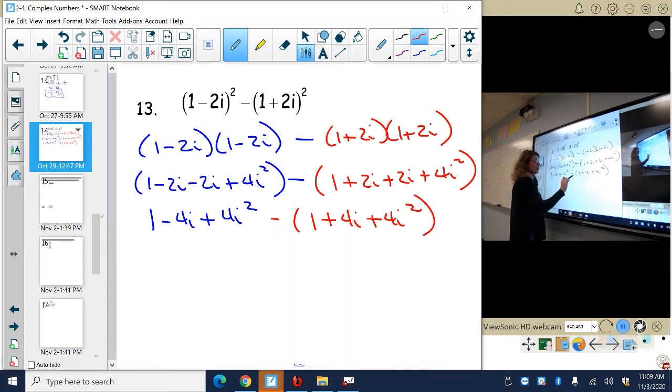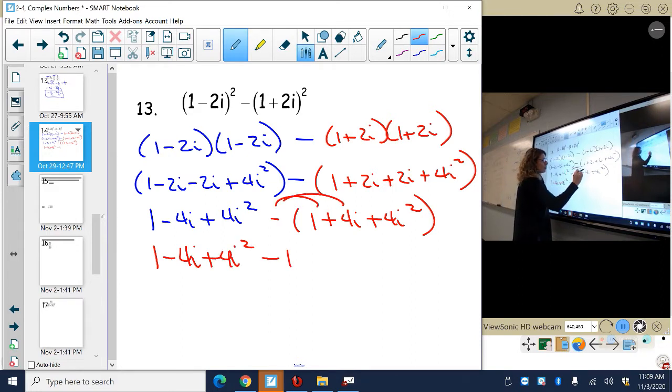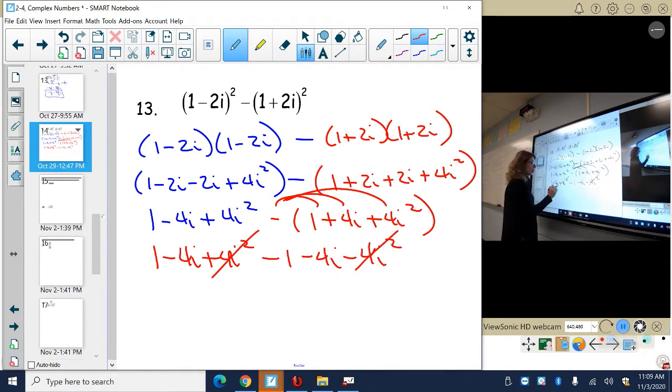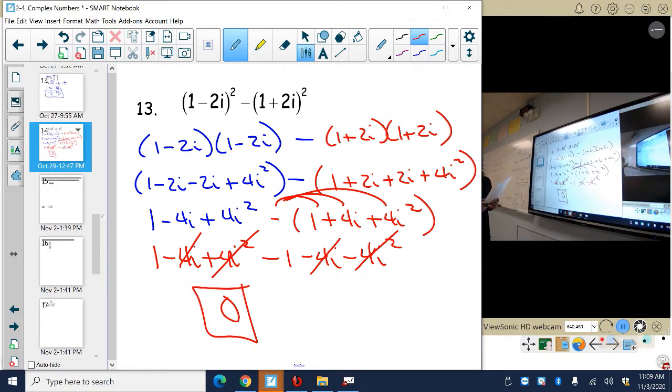I kept the parentheses here, but I dropped these ones here. So if I drop those ones here and I distribute, those cancel out, and I'm left with 0. Okay?